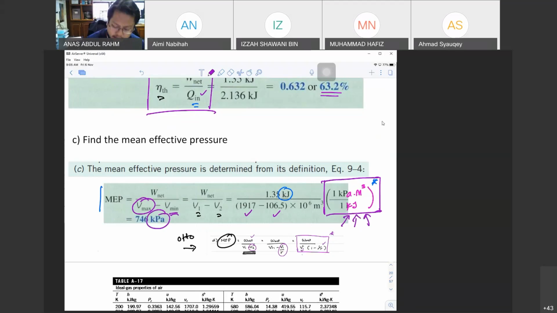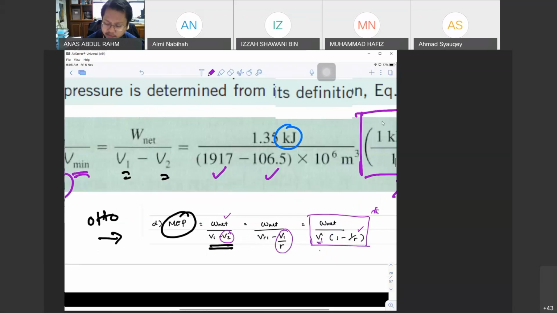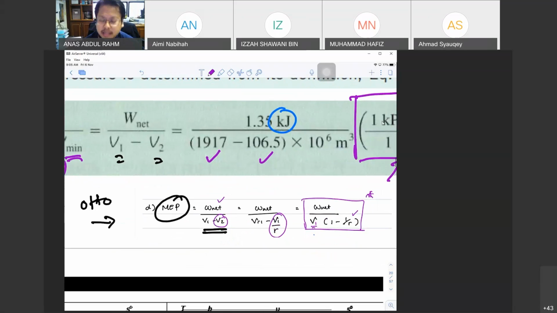Alternatively, this is MEP by using the definition of Vmax minus Vmin. But from the previous example, in the Otto example problems, we use the following expression. We know V2 is equal to V1 divided by R. If we take V1 out, we get V1 times (1 minus 1 over R), and we know what R is.